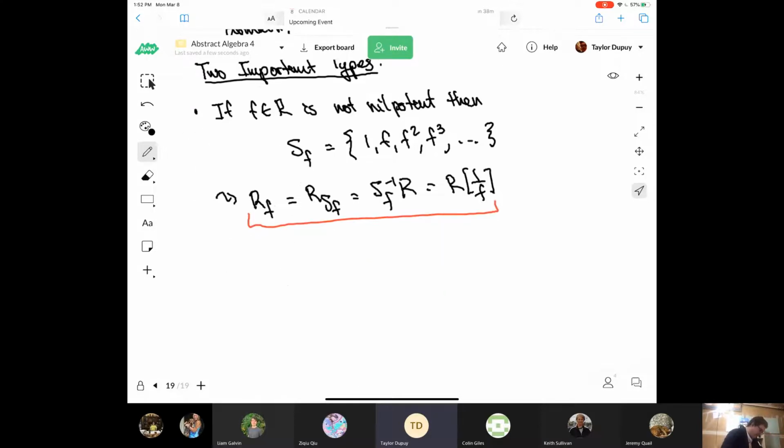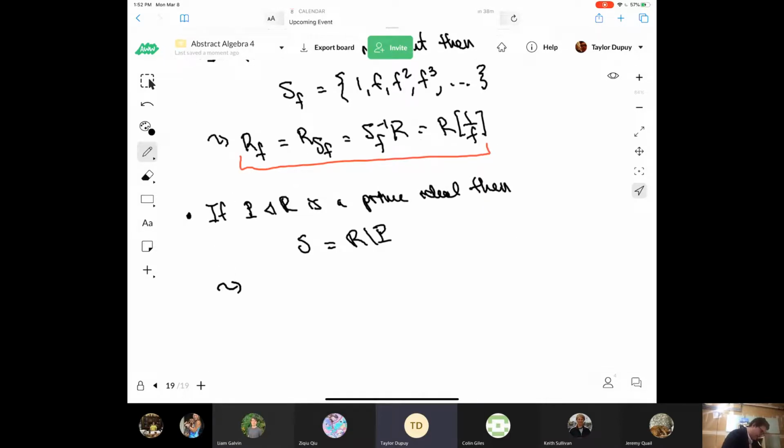The other important case, so this was localization at an element, is that if P is a prime ideal, then S looks like R minus P, which is a multiplicatively closed set.